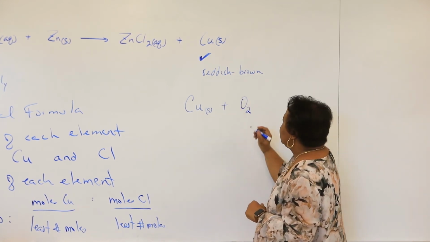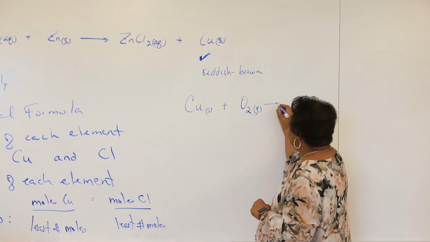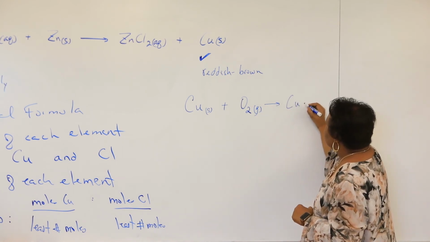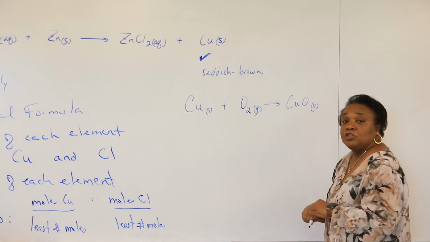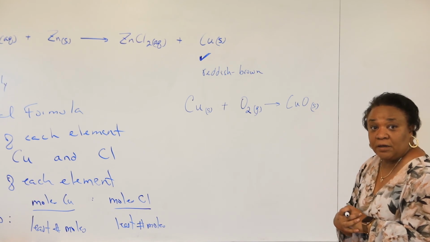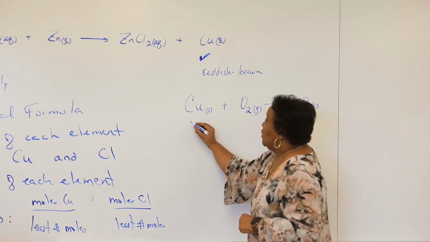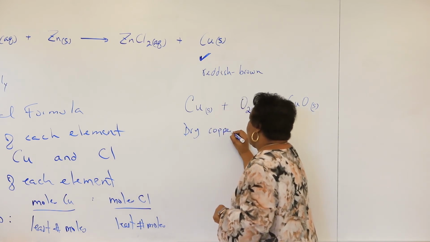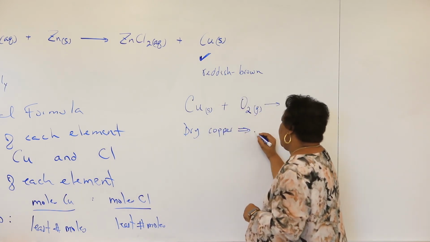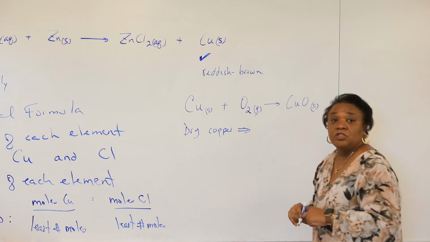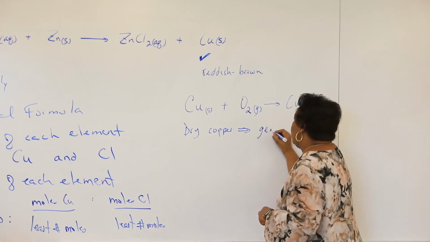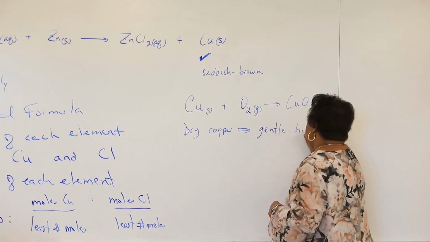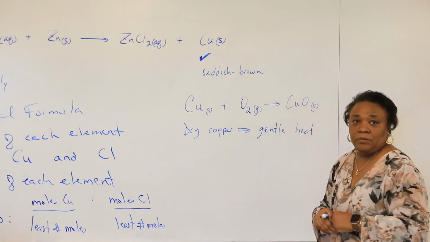Copper will react with atmospheric oxygen to produce a black solid, which is copper 2 oxide. So please note, when we're trying to dry our copper, we must be very careful that this reaction does not occur. So we're going to gently heat our sample.